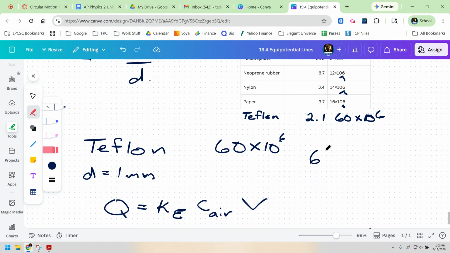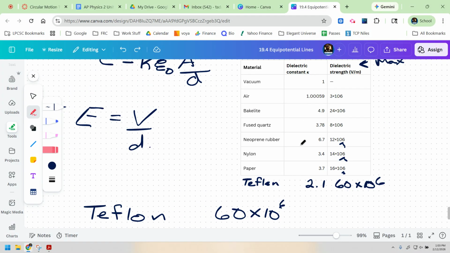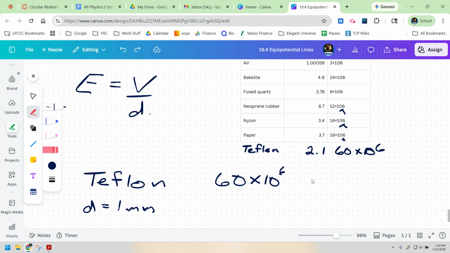It just tells you the maximum volts that you can use on this capacitor. Okay. So there's two parts to this. This is the dielectric strength, and this is volts per meter.